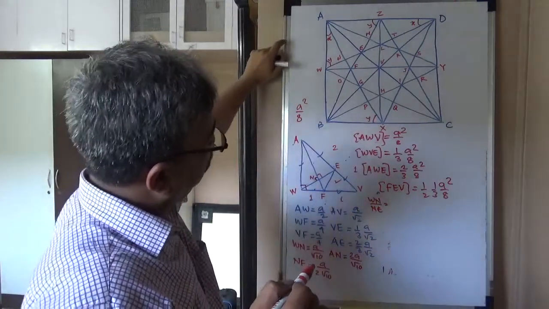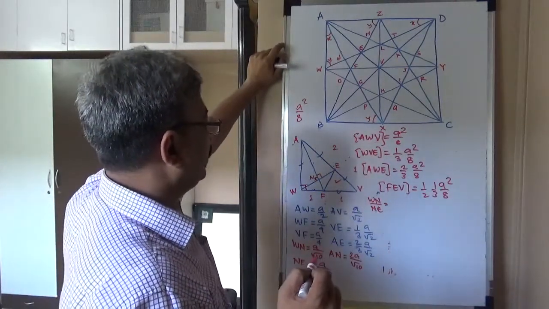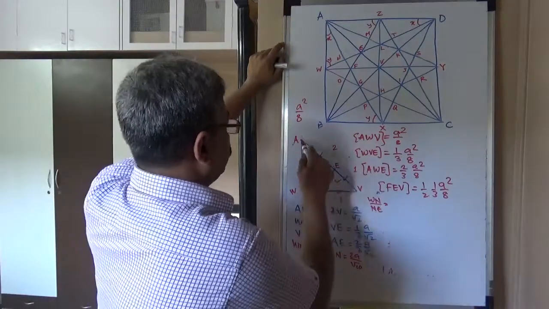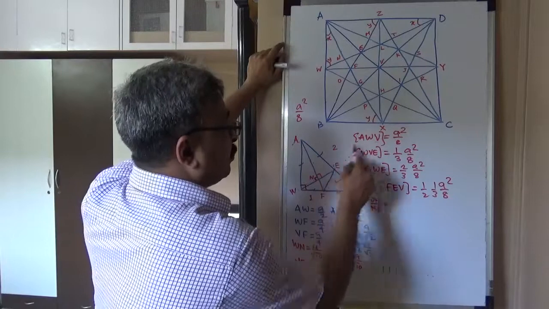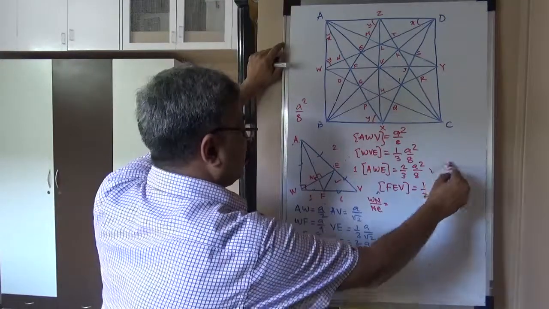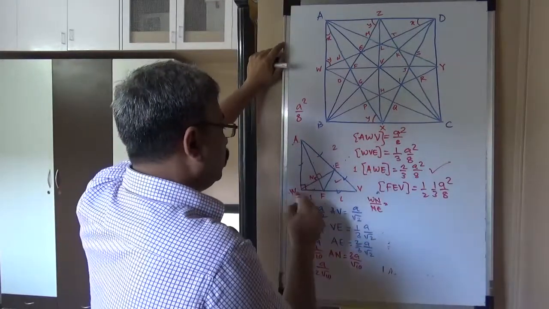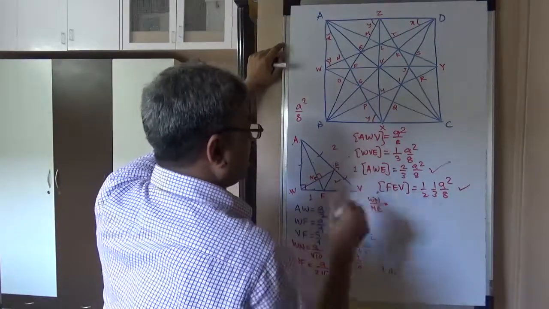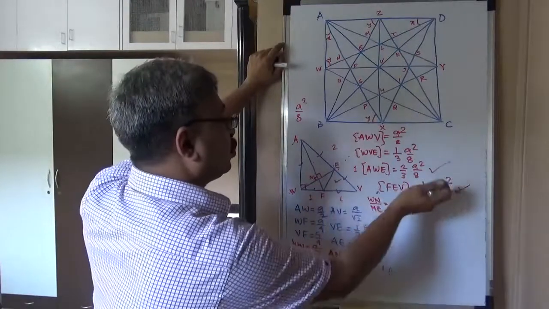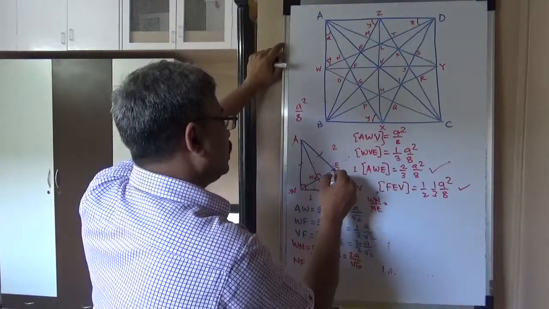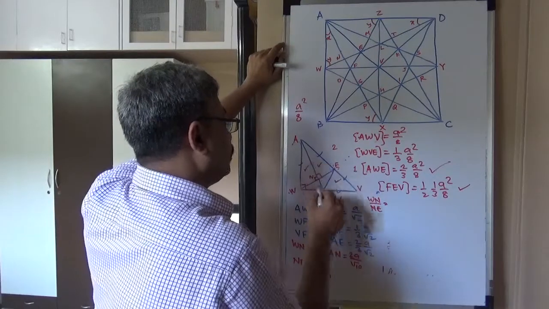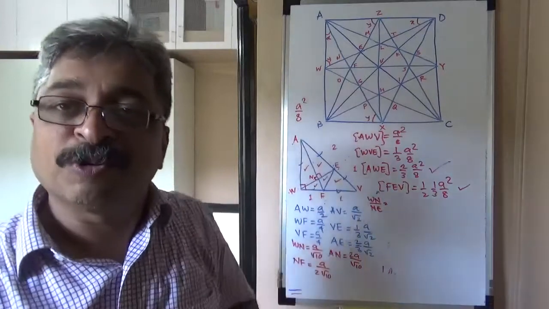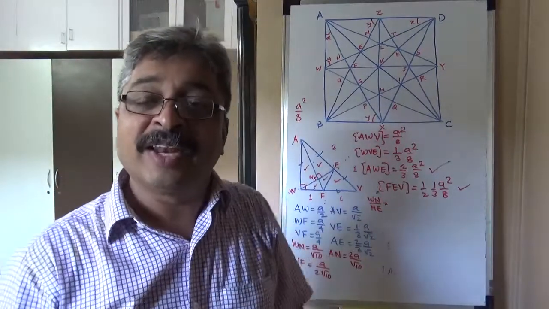So if we find out distance NE, we can find out WN upon NE, and now this total area is AWE, which we have found out. Total area WFE is equal to this, because this is the midpoint, we can divide these total areas in the ratio this as to this, we will get the area of this and the area of this, similarly the area of this and the area of this. So that is how we are supposed to solve the entire square.